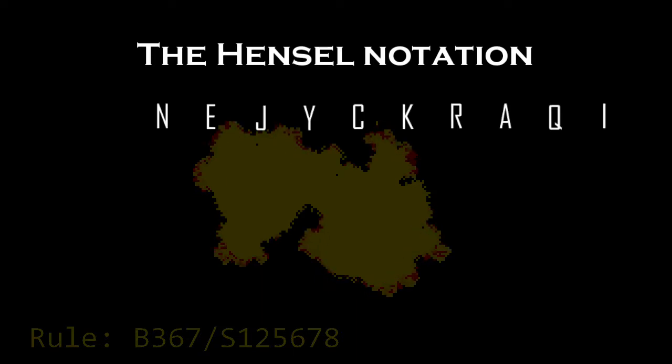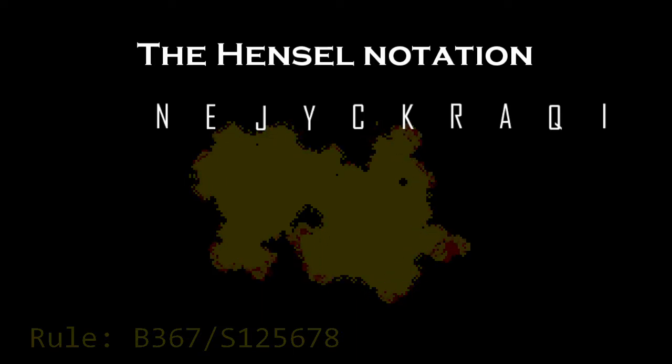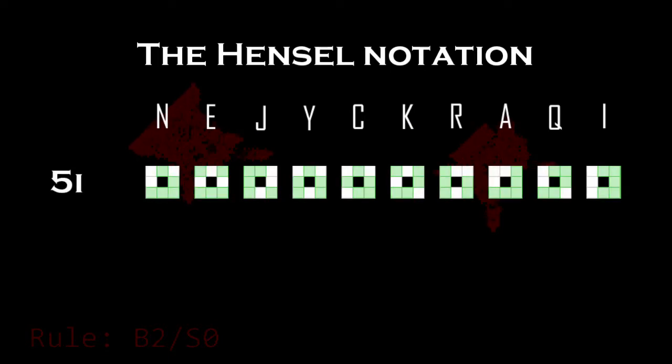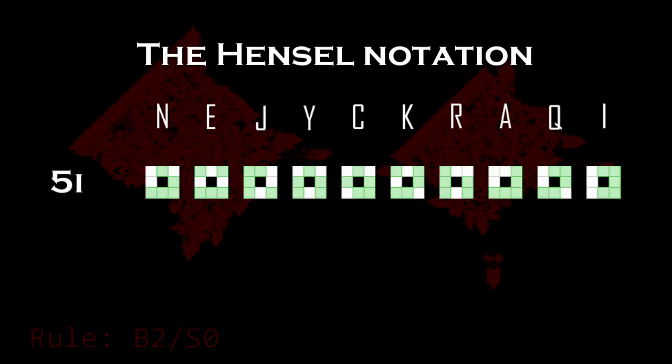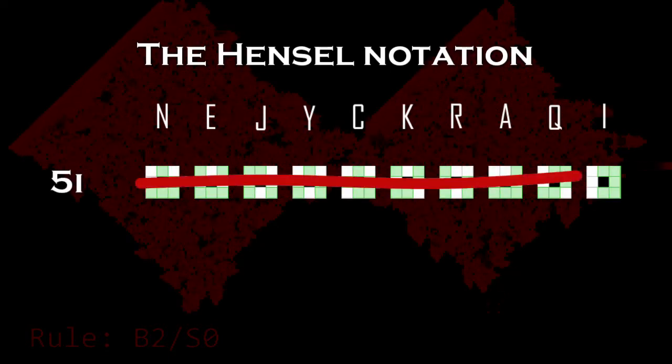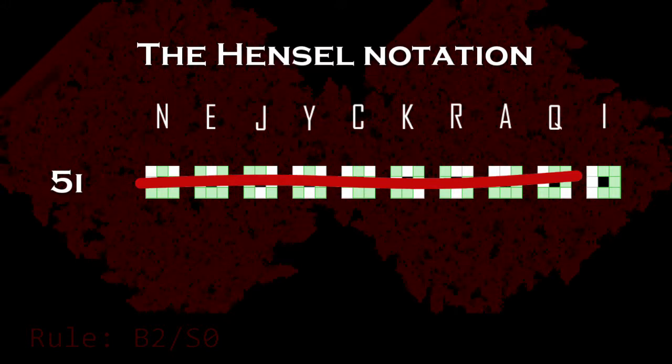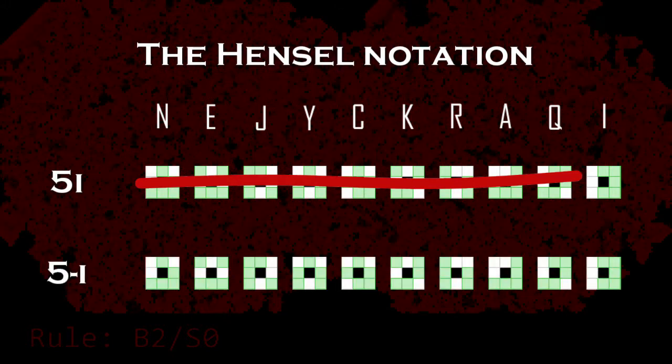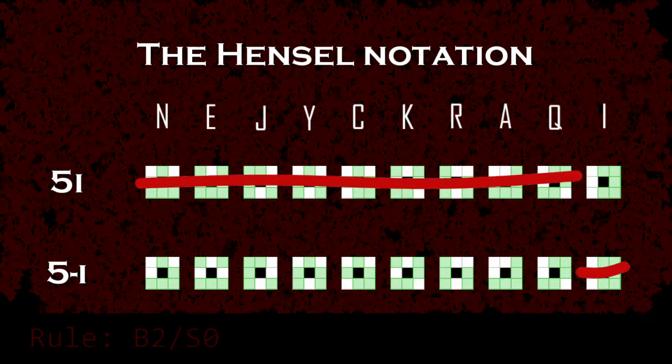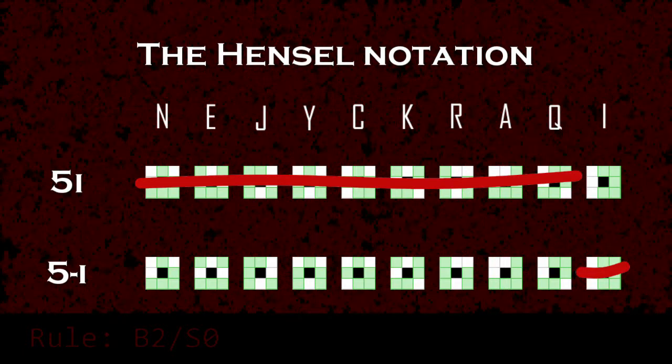This kind of rule uses numbers followed by letters, which indicate the number of cells and their shape. For example, 5e means that there are 5 cells around, and that those cells form a rectangle, including the central cell. On the contrary, 5-e means all the configurations with 5 cells around, apart from those which form a rectangle. The Hensel notation allows more complex rules and more interesting behaviors.